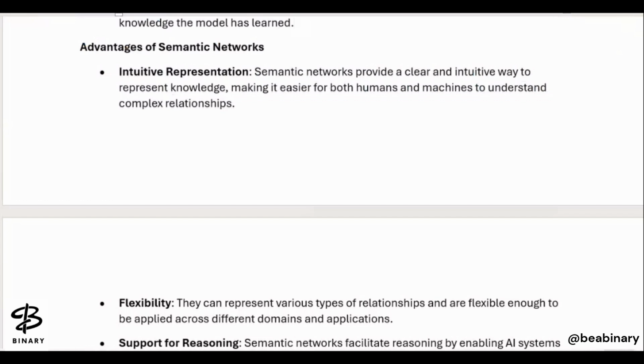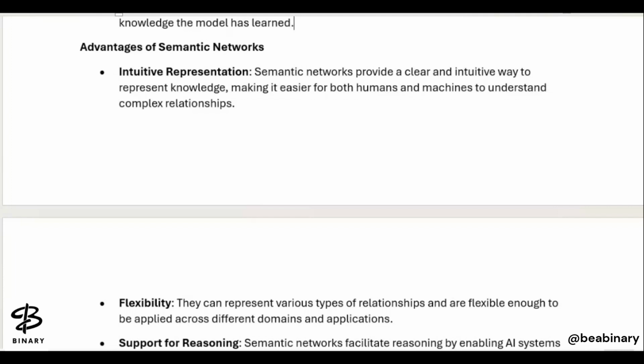Semantic networks provide a clear and intuitive way to represent knowledge, making it easier for both humans and machines to understand complex relationships, because it basically shows the concepts, not simply terms of a variable. It defines the nodes, and with the help of labels it explains the nodes here.